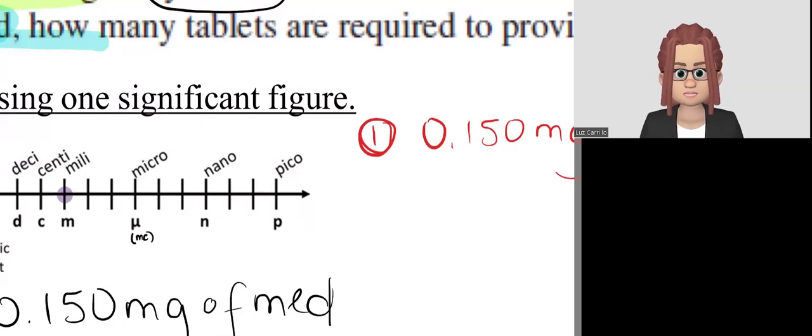And then I'm going to move the decimal place to get to micro. So that means that my endpoint is here. I can see that if I start from this area and I need to end at this unit, I have to move that decimal point 1 time, 2 times, 3 times.